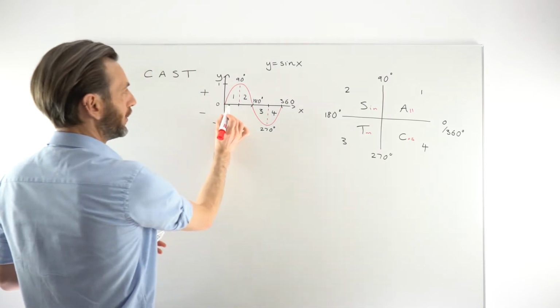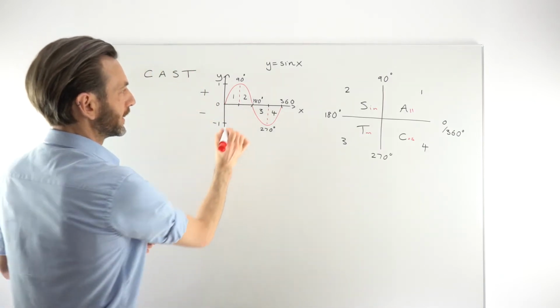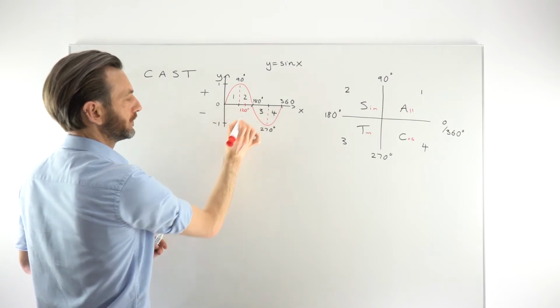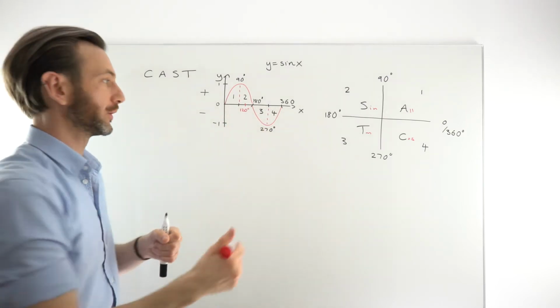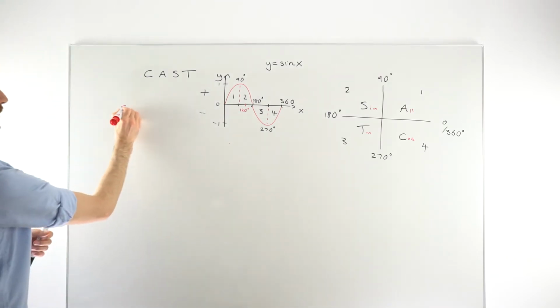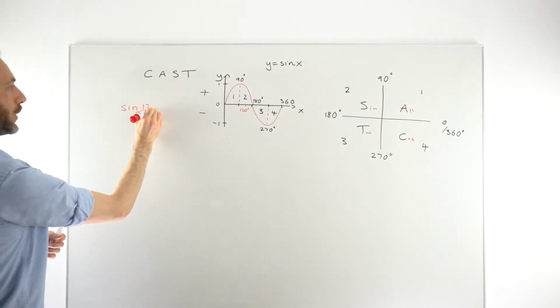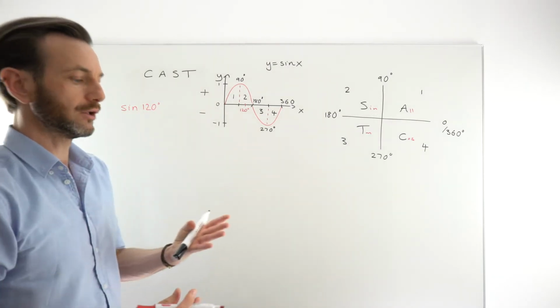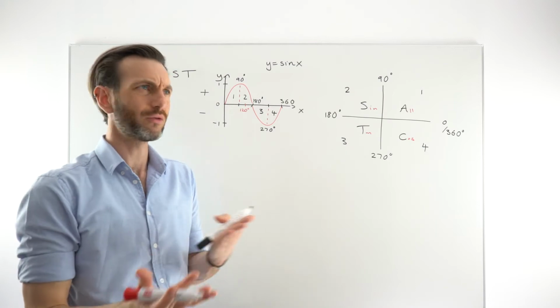If you took a value for sine, like say 120 degrees, and you wanted to do the sine of 120 degrees, and let's say you're doing a question where you don't necessarily need to know the value, you just want to know: is it positive or is it negative?